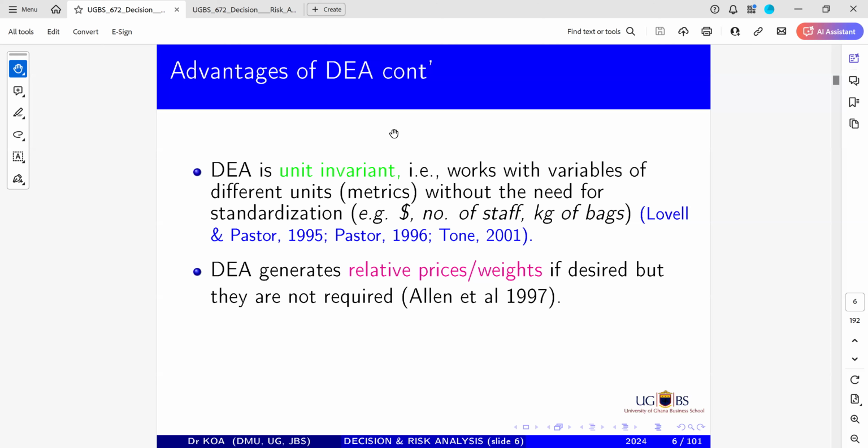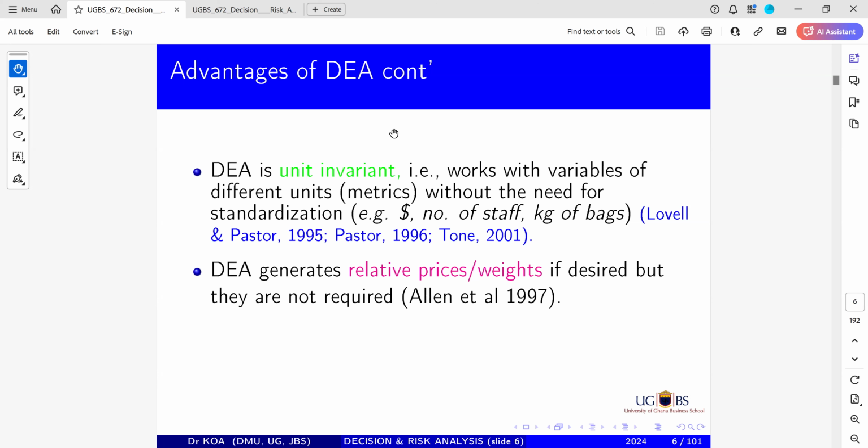Another thing, it is also very useful to note that even if you don't know the value of some of the items, so suppose you use the number of workers and you don't know what is the value of the number of workers relative to capital. So you have labor and you have capital. Which one is really contributing more for a particular DMU?